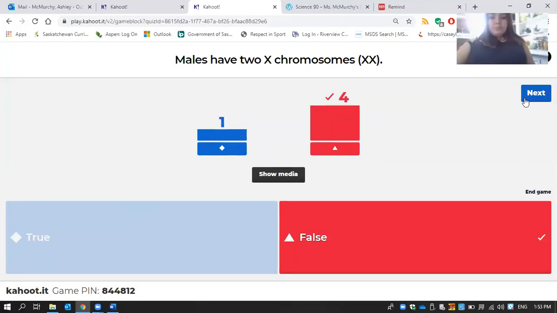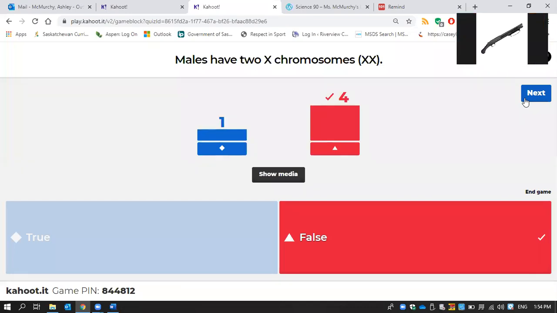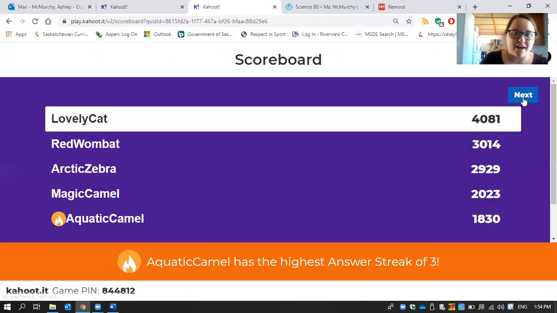So they have 1 Y and 1 X. Females have 2 X's, and males are an X and a Y. This is a really important concept because when we talk about the gender of human babies, females can only ever pass on an X chromosome. So it's the father that determines the gender. It depends on if they pass on an X or a Y. That's all up to the males.